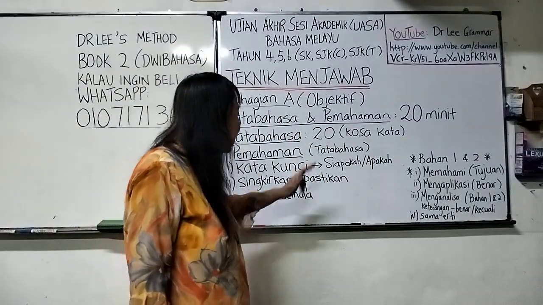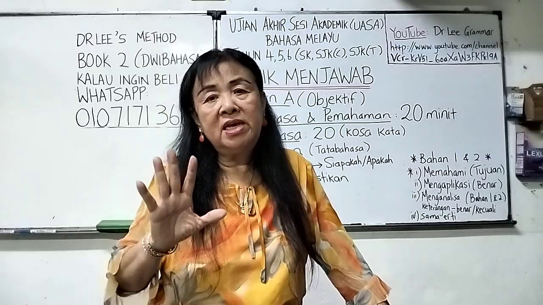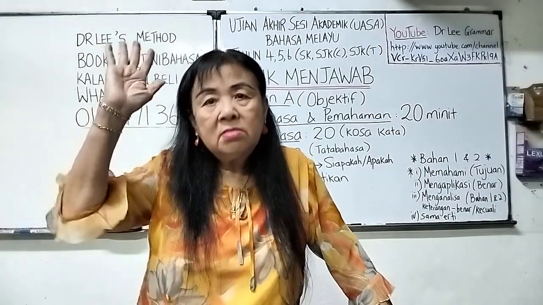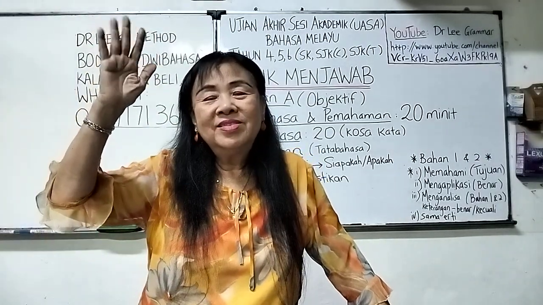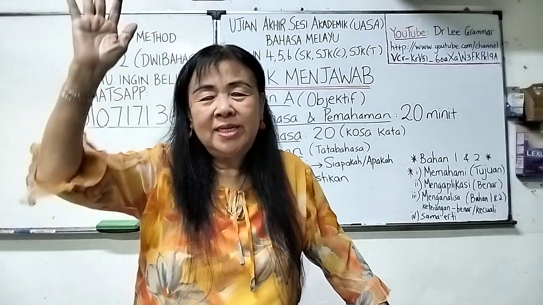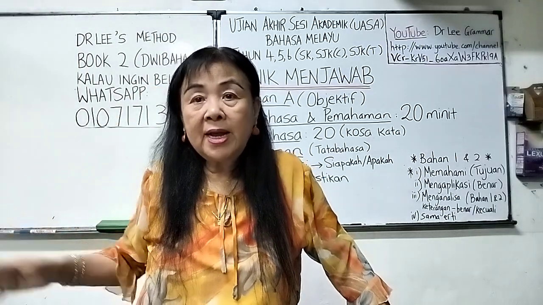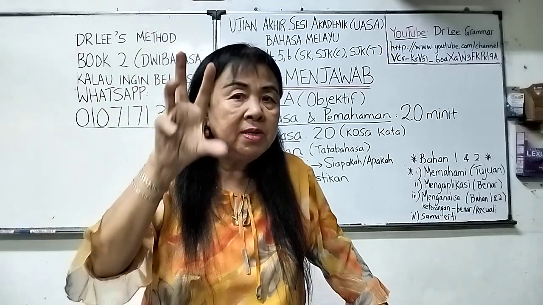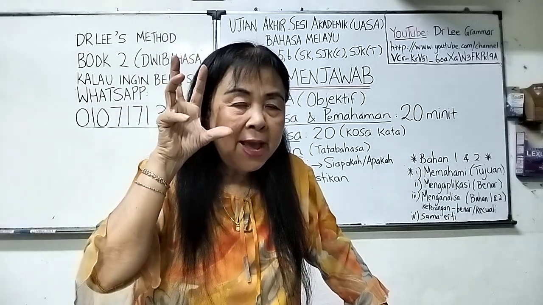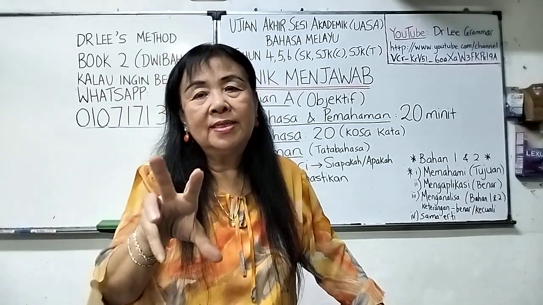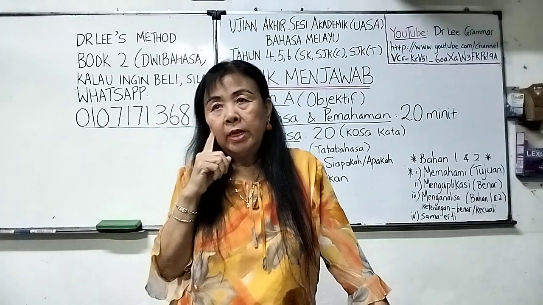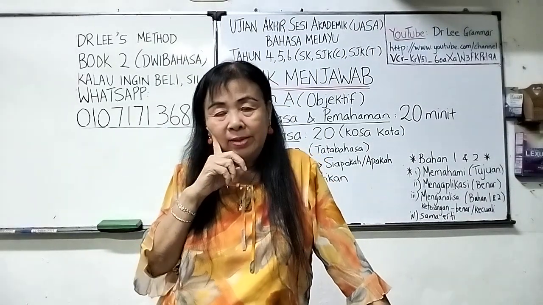After that, singkirkan, pastikan. What's the meaning of singkirkan? Singkirkan means don't want. Throw it away. Chase it away. That's called singkirkan. Push it to one side. That's called singkirkan. And then pastikan. Pastikan means you ensure, you make sure the answer. So how do you do it? So it's the same. It's connected, you know.